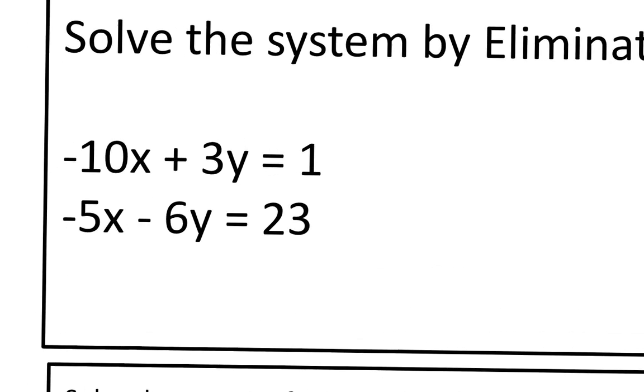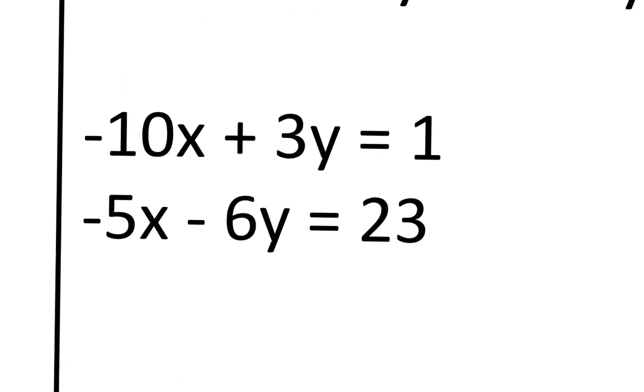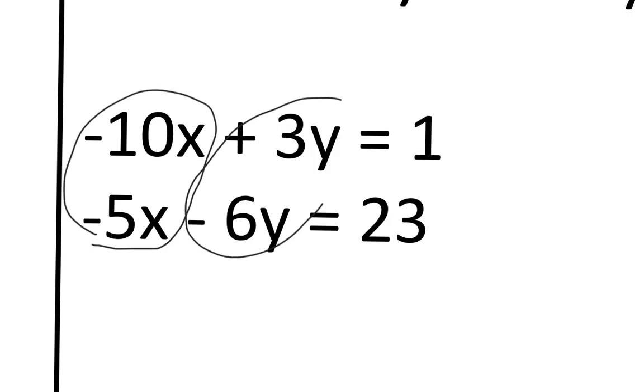All right, so let's look at this one. I've got a 10x, 3, that's negative 6, a negative 5. So I'm looking at these coefficients of my x, and I can look at the coefficients of the y. I don't have any coefficients that are the same. If they were the same, I'd just have to make one plus and one minus.